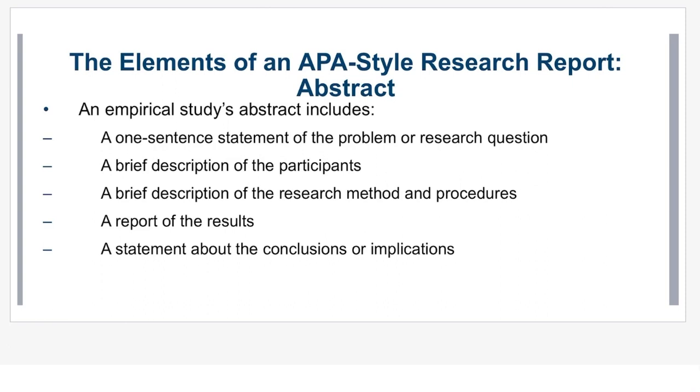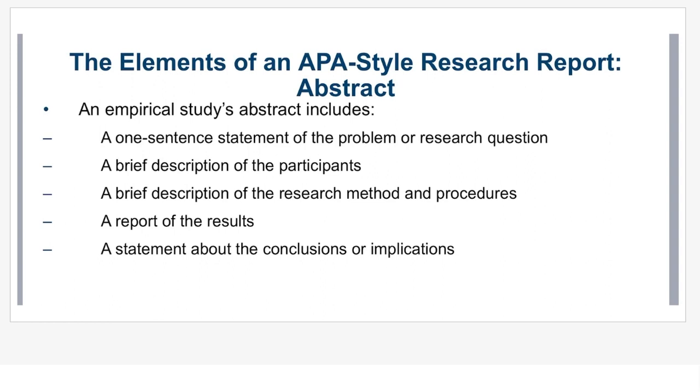It's arguably one of the most important parts of your research report. Again, because it's a preview, it is part of that weeding out process that we went through when we looked at our literature review, when researchers are looking for research to support their ideas in their paper, and their research and their studies.